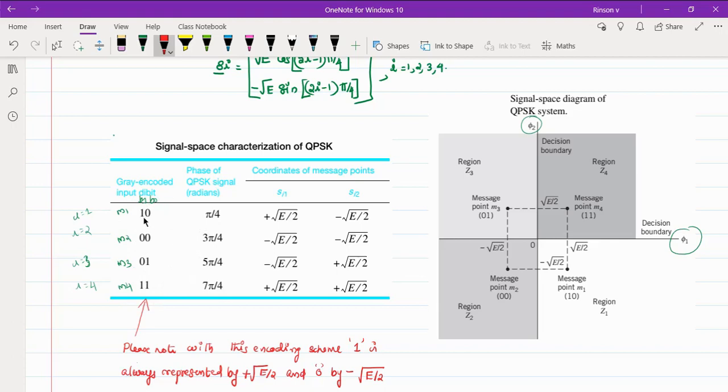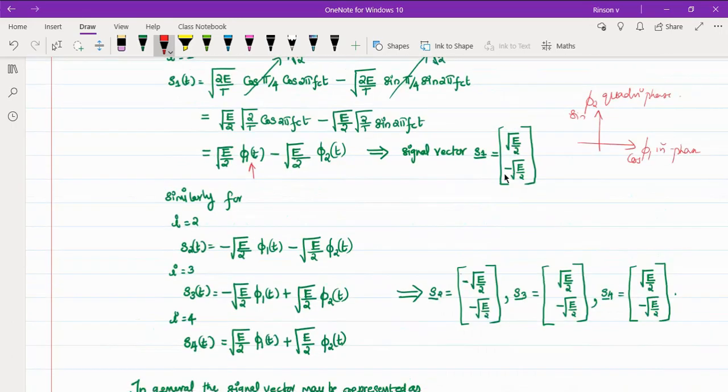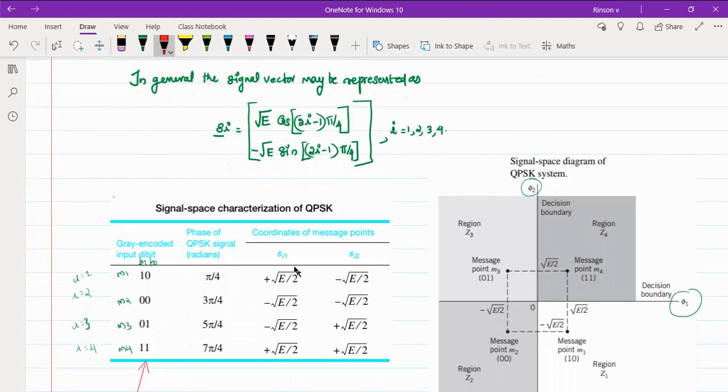Now see that M1 corresponds to pi by 4 and the signal vector is this: root E by 2 and minus root E by 2. Again here, for 3 pi by 4, it is minus root E by 2 and plus root E by 2. Now if you analyze this bit stream and the signal vector, you can see that 1 is always represented by root E by 2 and 0 is always represented by minus root E by 2.